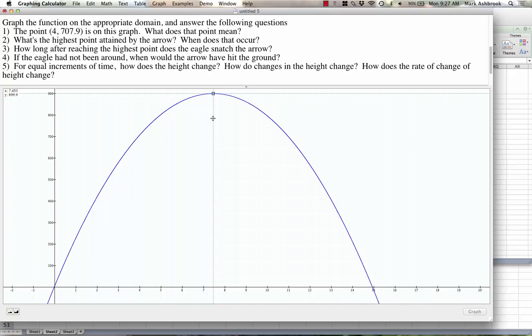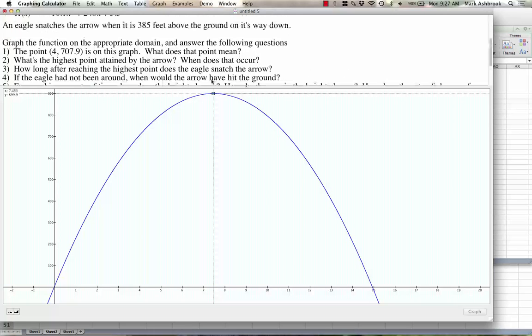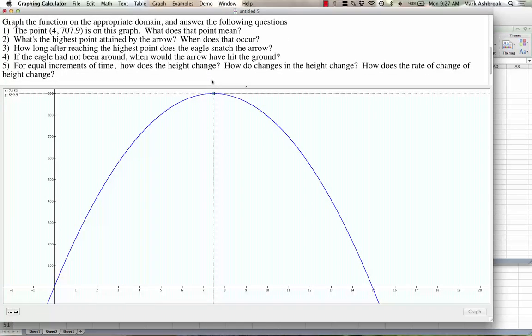Okay, how long after reaching the highest point does the eagle snatch the arrow? Let's see here. Braden. Approximately 6 seconds. 6 seconds? How'd you get that? Well, I calculated the time at 385 feet, and I calculated the percentage at 899.9 feet.